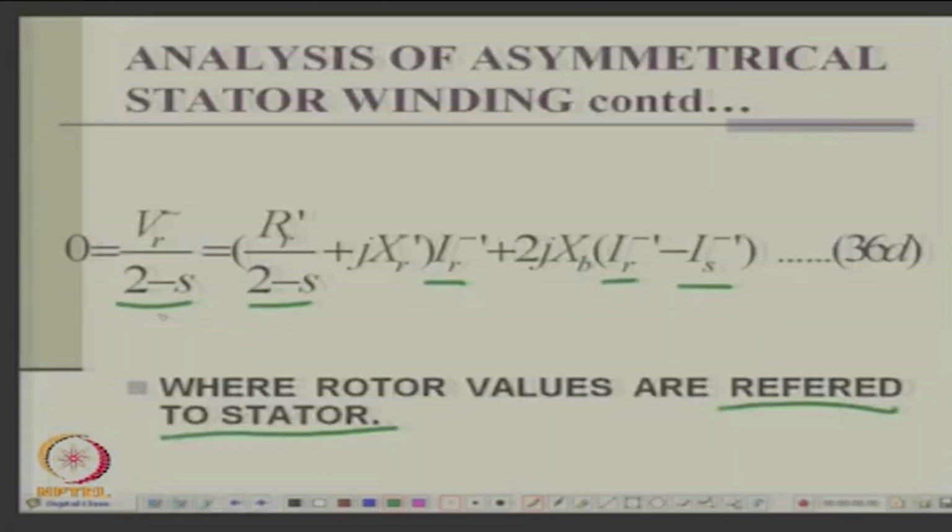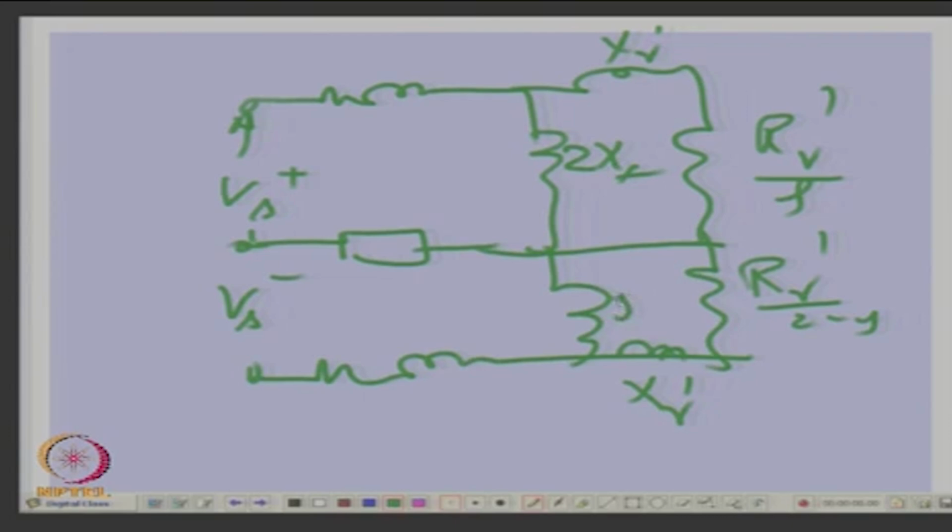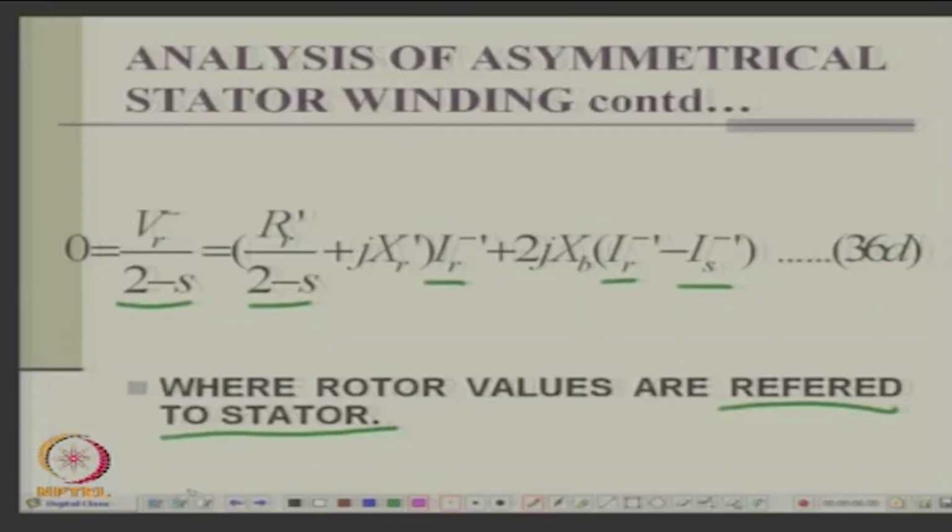So, Vr dash by 2 minus S, this is Rr dash by 2 minus S, maybe Xr dash, this is twice Xf, Rr dash by S, this will be twice Xf, and this one we call it as Is plus, Is minus. Earlier we called them ISF, ISB, etc.